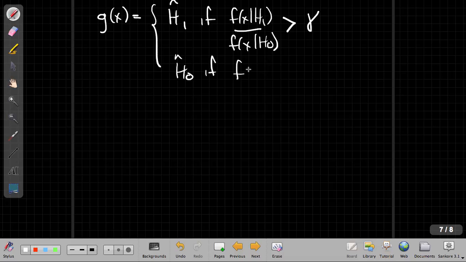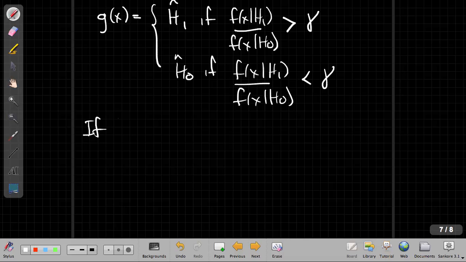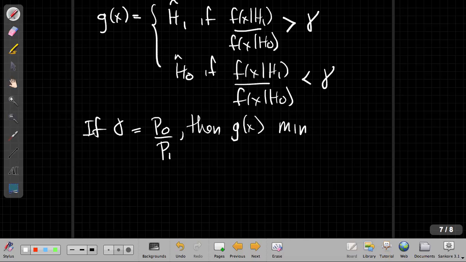And otherwise, if the likelihood ratio is less than gamma, and again, gamma is the ratio of the prior probabilities, then this decision rule minimizes the probability of error.